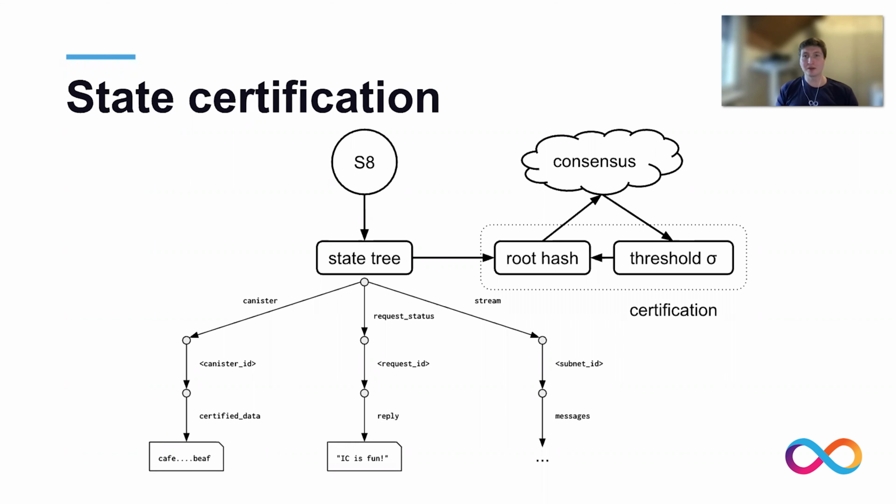So it would be great to have some scheme that allows clients to zoom into the state and see one small part of it, not care about all the other pieces of the state, and still be able to verify.